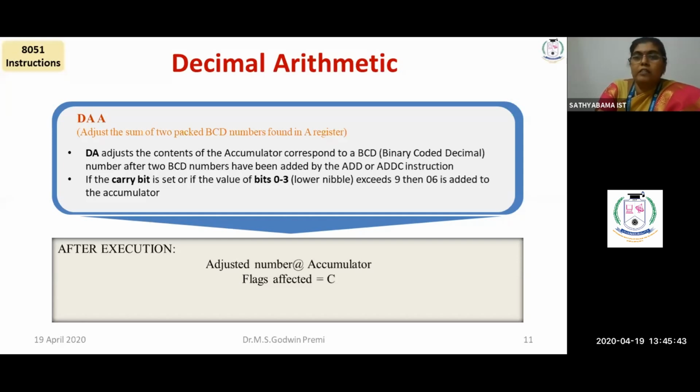So it is not for BCD conversion. So decimal adjust accumulator. Only the accumulator content can be adjusted for BCD. So here the accumulator content is noted as already having BCD numbers added by using the ADD instruction or ADDC instruction. So two BCD numbers have been added already by ADD or ADDC, and the result is stored in the accumulator.